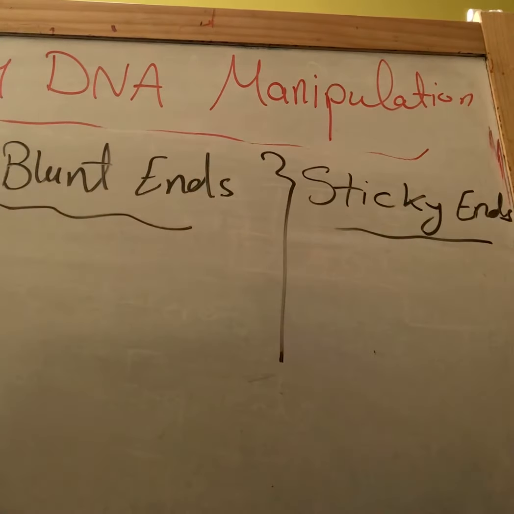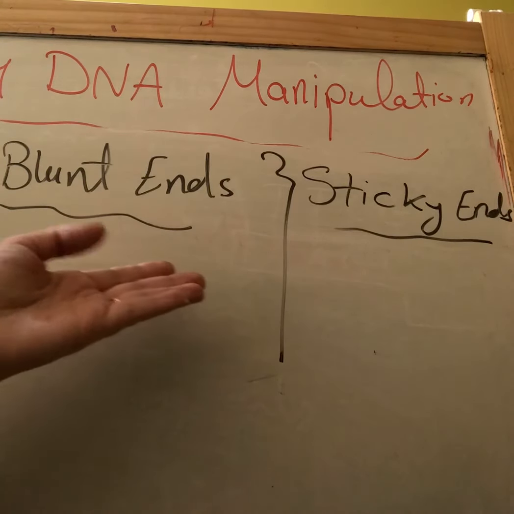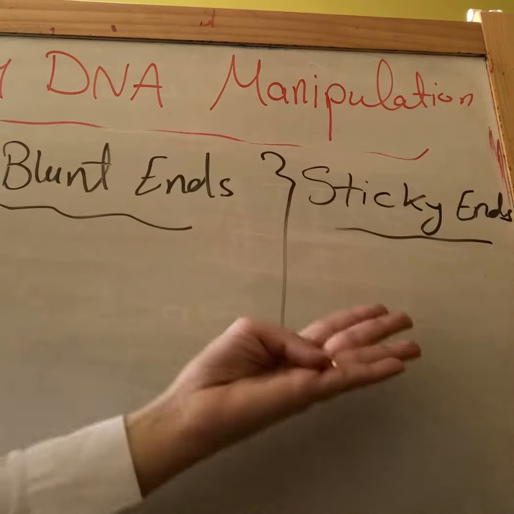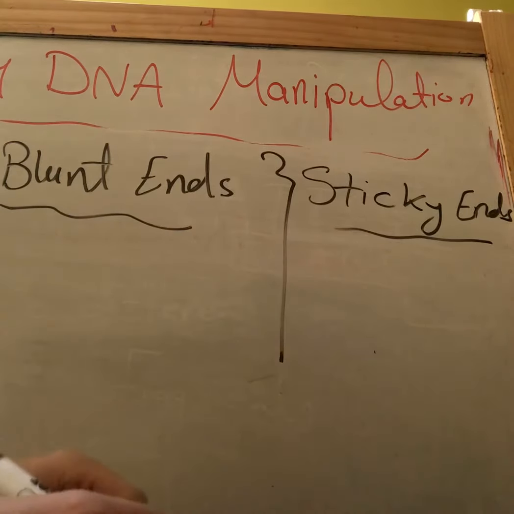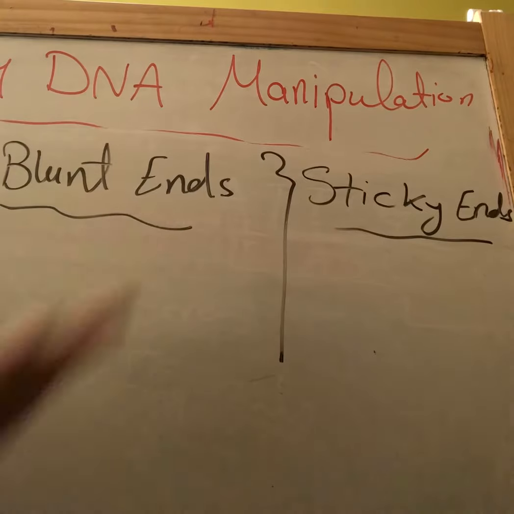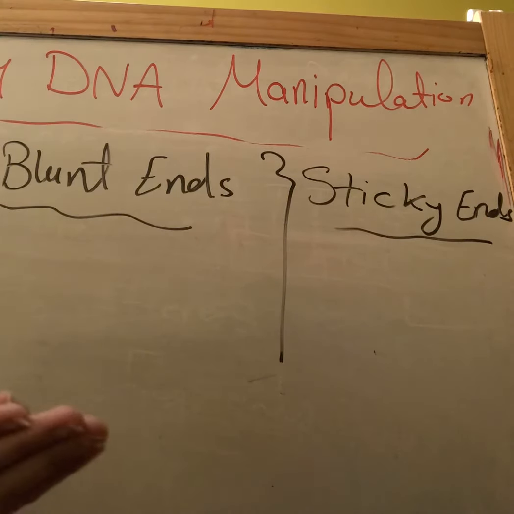Others form sticky ends. And using restriction enzymes that form sticky ends is very helpful in joining 2 different DNA together, because the sticky ends can stick to any other end that is complementary to it.